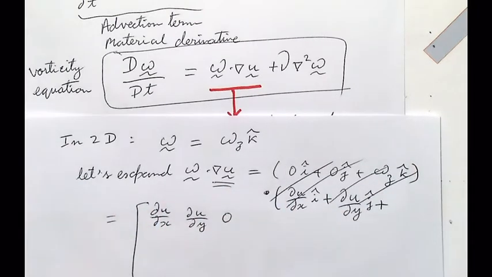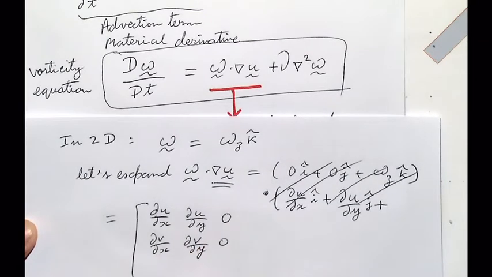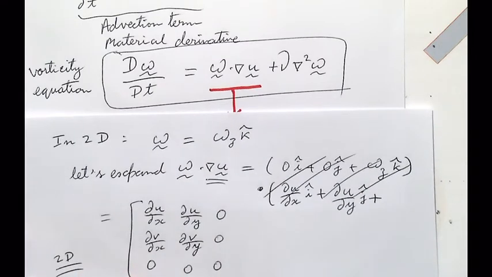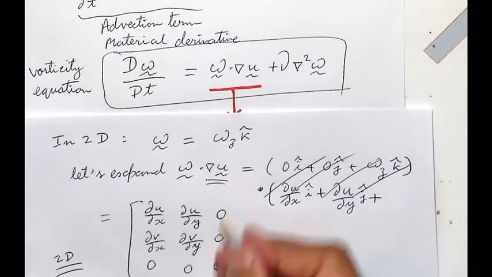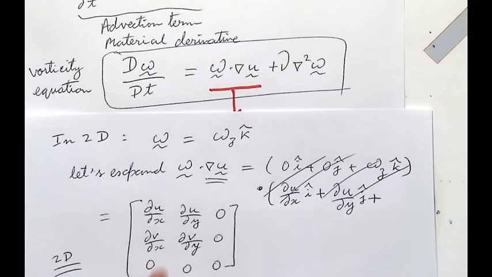Then we have ∂v/∂x, ∂v/∂y, 0. And the last row is 0, 0, 0. Again, we're looking at what happens in 2D, so there's no w term and there's no z derivative. Then what should I do? Omega dot nabla u.